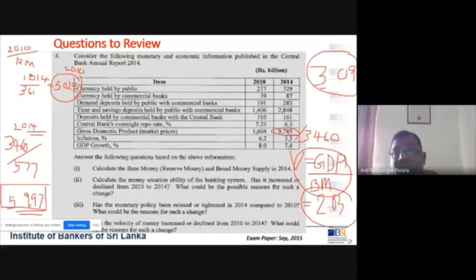Mostly non-cash transactions are carried out in most advanced countries. As a result, their velocity levels have come down. So that is the possible reason. I understand that it is a bit of a difficult thing to answer, but I think if you get the concept very clear, you can basically provide an answer.